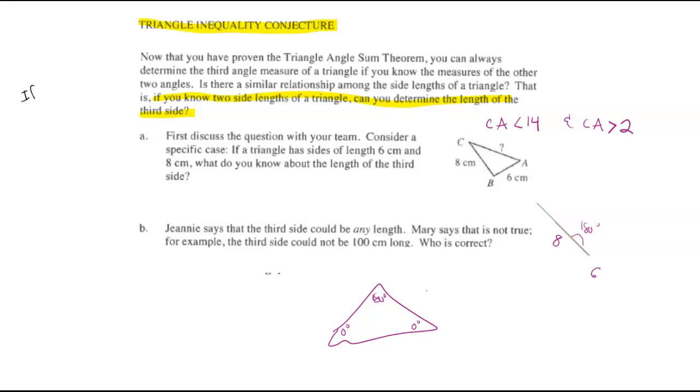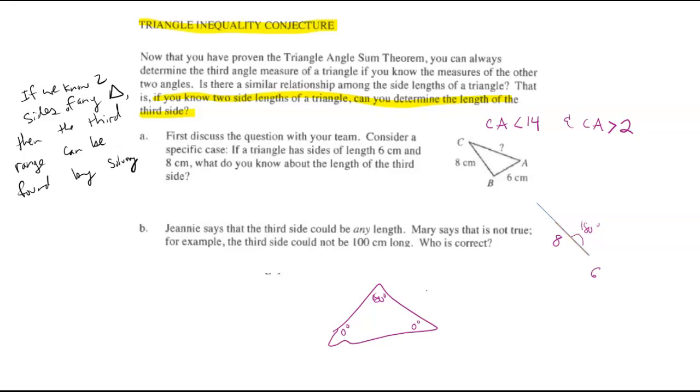If we know two sides of any triangle, then the third side range can be found by solving these two inequalities.